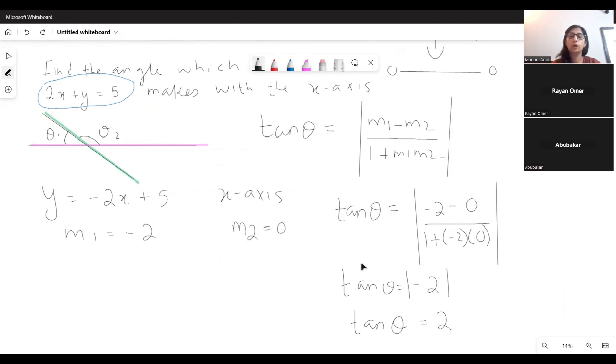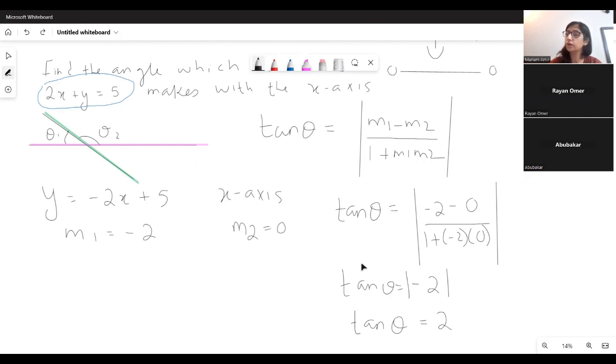Now give me tan inverse 2. That's going to be the angle between the x-axis and the given line. Miss, 1.107. You're in radians, I'm in degrees. Can you give me the answer in degrees? Although I did not specify which unit to use, most probably in the exam the question would tell you. And if they don't tell you, then you can give the answer either in degrees or in radians.